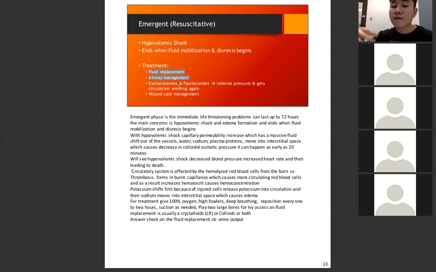Fasciotomies: a fasciotomy is usually done whenever the patient experiences a circumferential burn. Because of the risk of compartment syndrome, they need to cut the patient's skin in order for the pressure to release so that it doesn't affect the perfusion, the patency of the blood vessels.